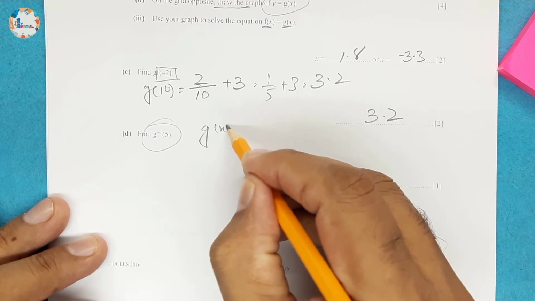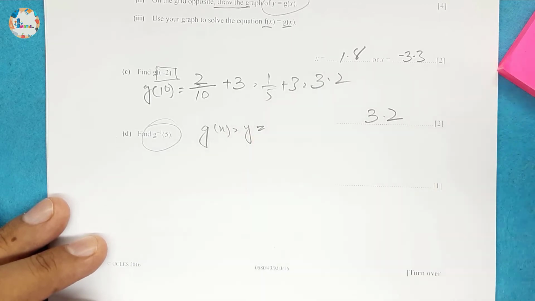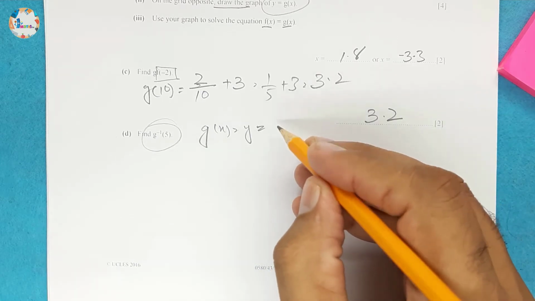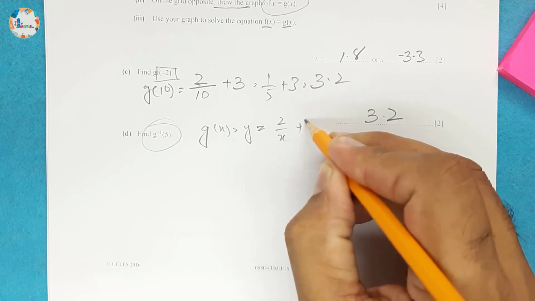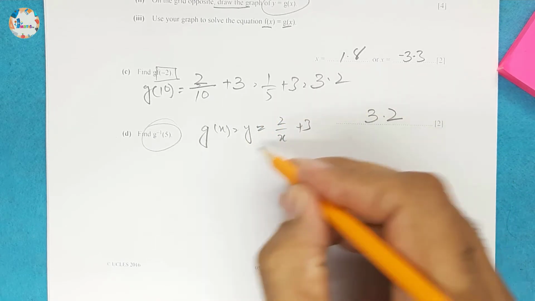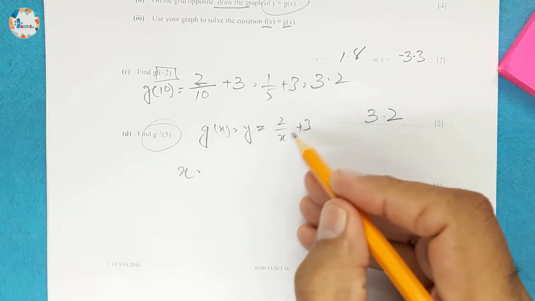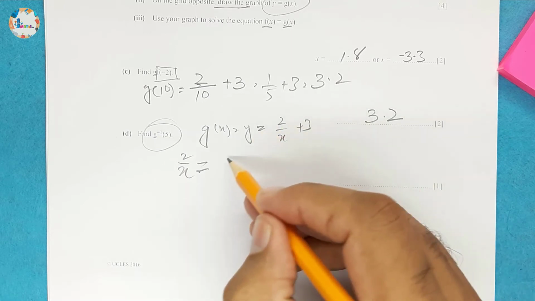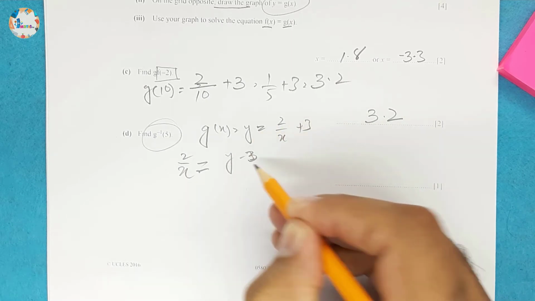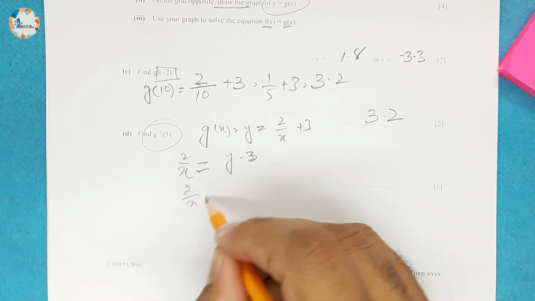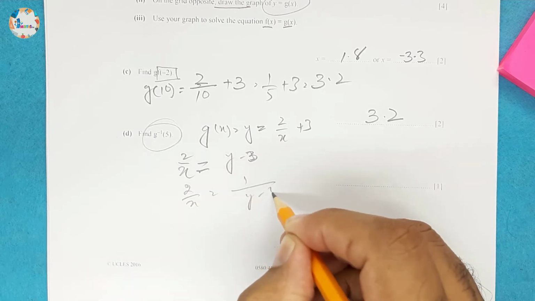So g of x is equal to y, which is equal to g inverse of x. So we can write y is equal to 2 over x plus 3, which is g of x. Now we can make x the subject. We can write 2 over x is equal to y minus 3, and then we can swap this, so it will be 2 over x is equal to 1 over y minus 3.